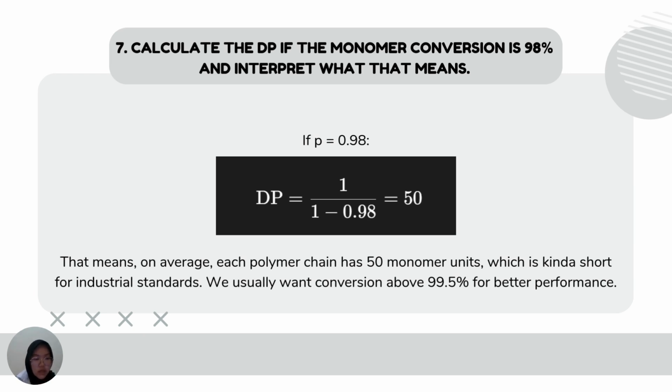That means on average each polymer chain has 50 monomer units, which is kind of short for industrial standards. So we usually want the conversion above 99.5% for better performance.